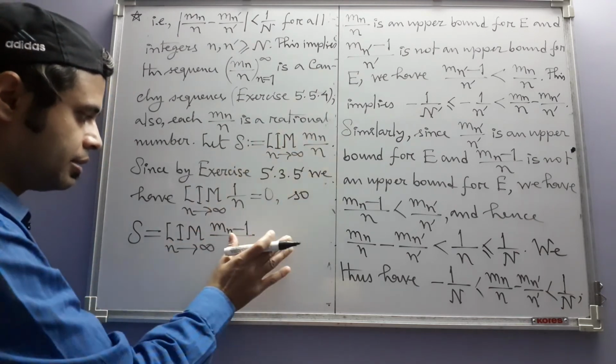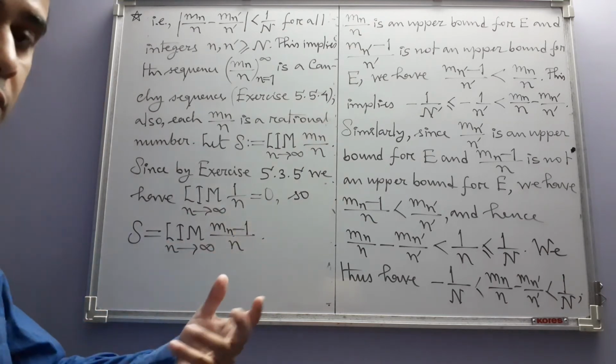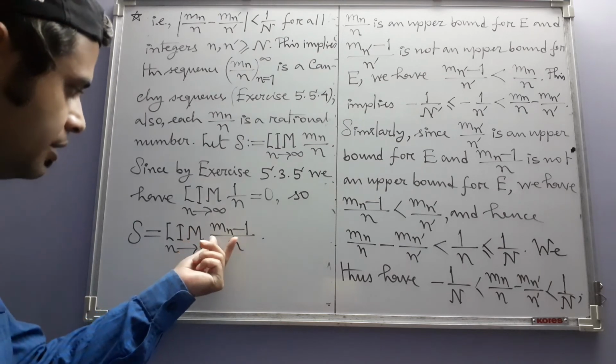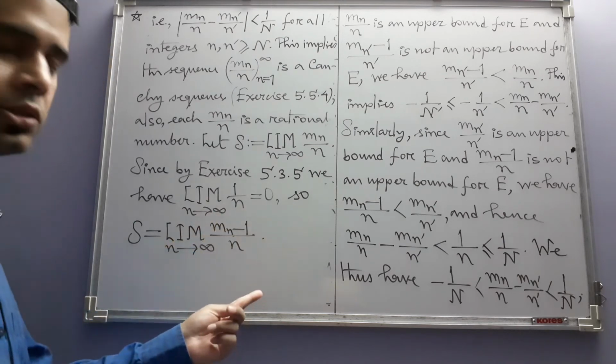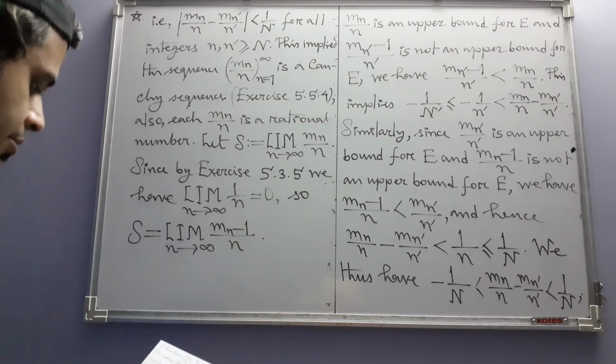So if you take the difference, then by the definition of difference of two real numbers, inside you get m_n/n − 1/n. So that gives you (m_n − 1)/n.